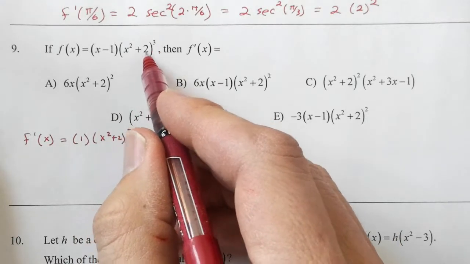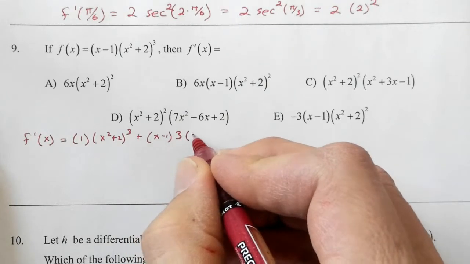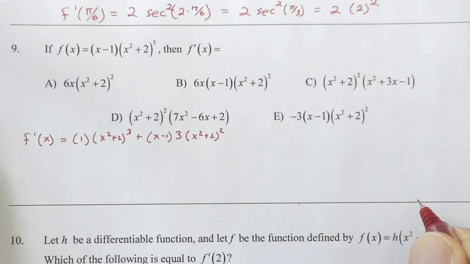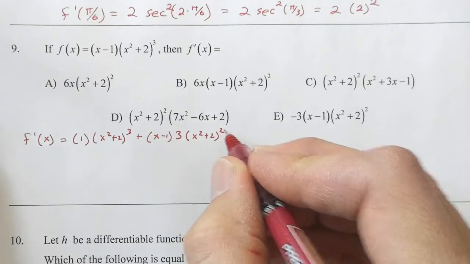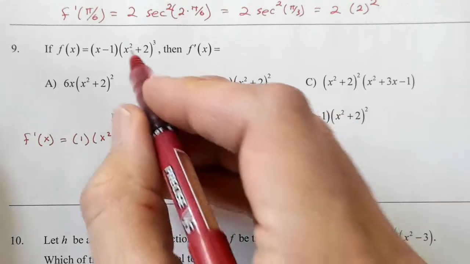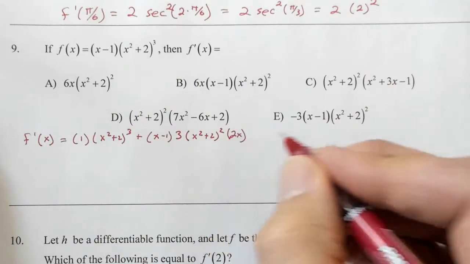And this is a binomial cube, so we need to use the chain rule. So the 3 comes out front. The inner function will stay in there, but we move our exponent down to 2, and now we derive the inner function, and the derivative of x squared plus 2 is 2x.